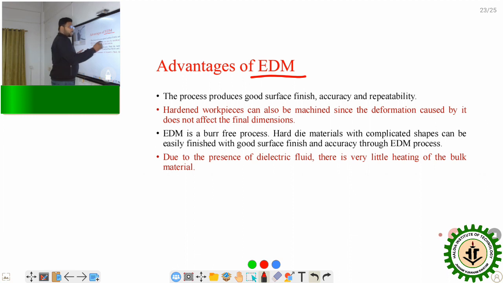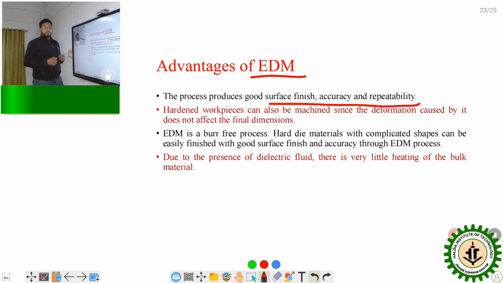It provides a good surface finish, and the accuracy and repeatability are high, so we don't have to go for a secondary or finishing operation. After the EDM process, we can use that material directly where we need. The hardness of the workpiece does not matter, as there is no direct contact.